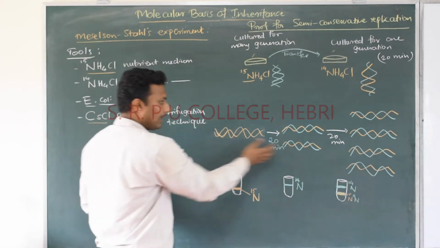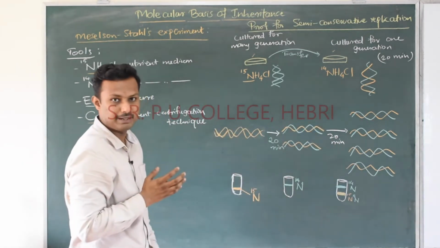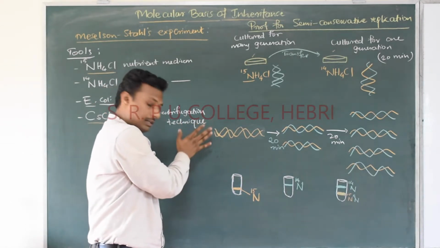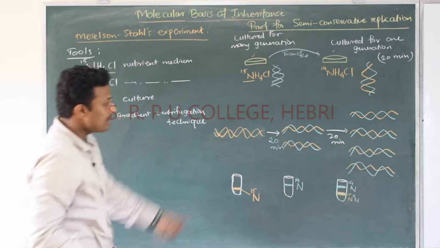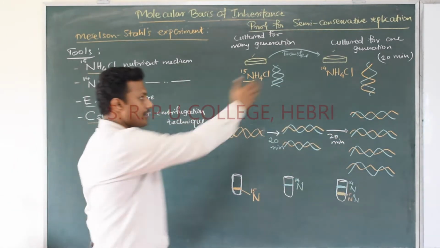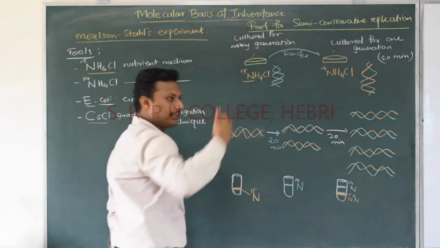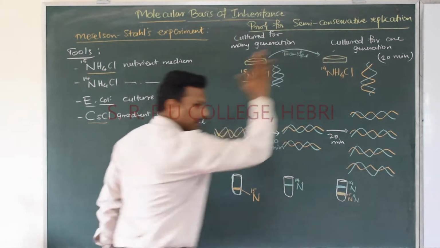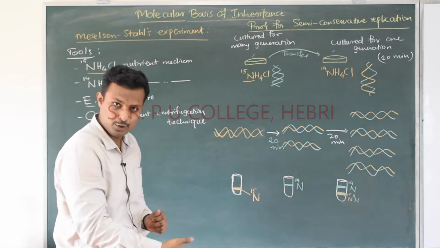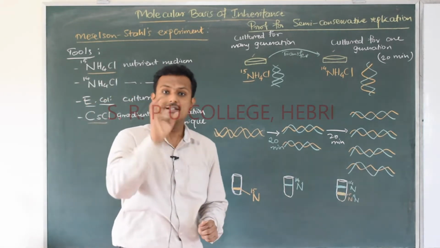This can be well explained with the help of these diagrams, and you need to draw these diagrams in the examination. And it was not left there. The DNA extracted from those cultures at regular intervals was crushed, made into a solution, and subjected to centrifugation.